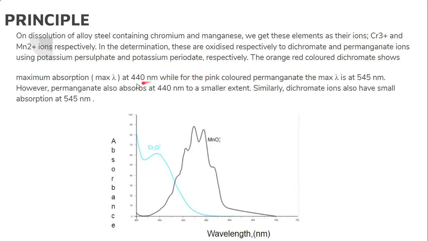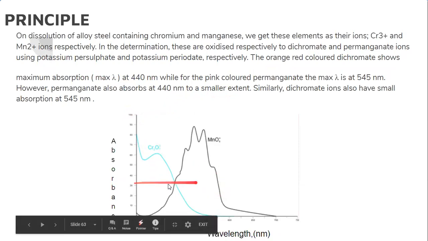So these are the lambda maximum values for potassium dichromate and potassium permanganate respectively. If you run the spectra using this solution, we may get this type of spectrum or graph.